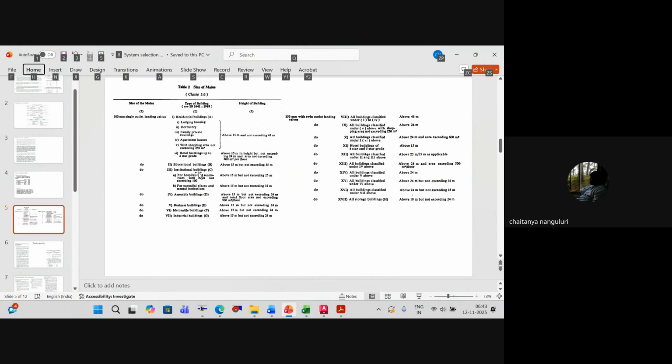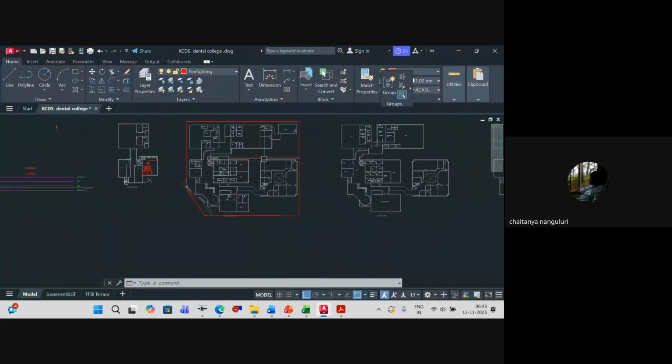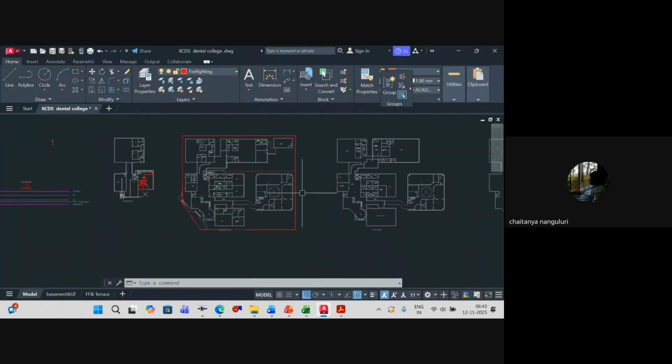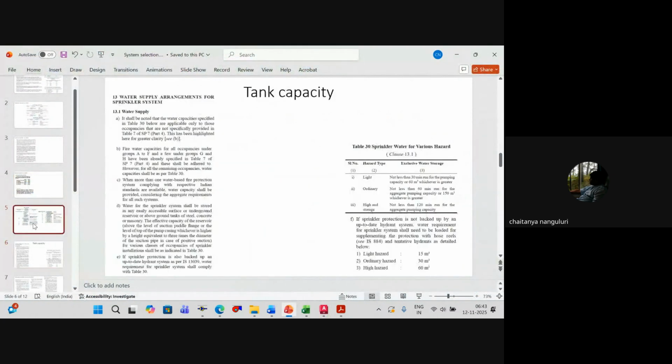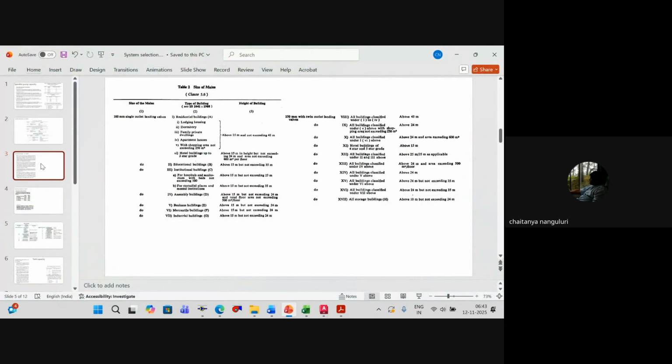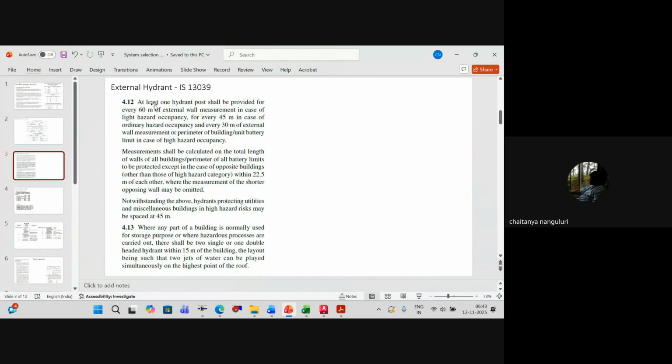Now in this case, first of all, we have to place the hydrant valve. For external hydrant valves, there are distances. At least one hydrant post shall be provided for every 60 meters of external wall measurement in case of light hazard occupancy, for every 45 meters in case of ordinary hazard, and for every 30 meters in case of extra hazard area.